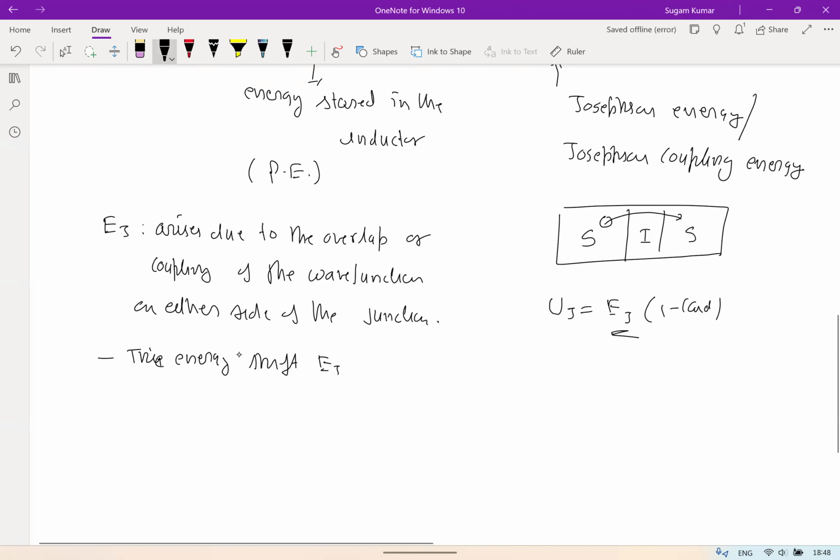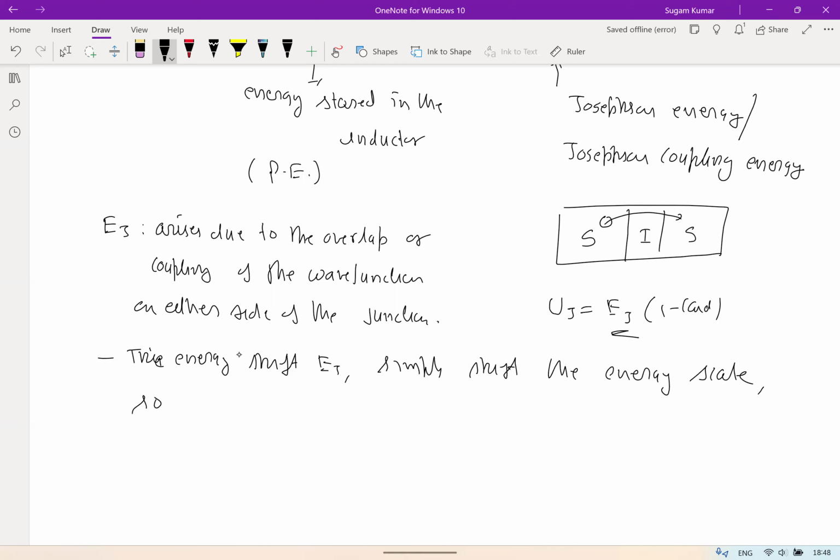This is just causing an energy shift, simply shifting the energy scale, so it is often dropped from the equation.